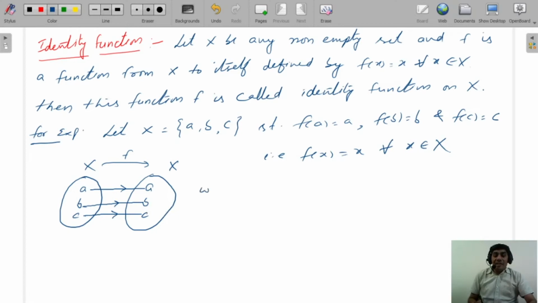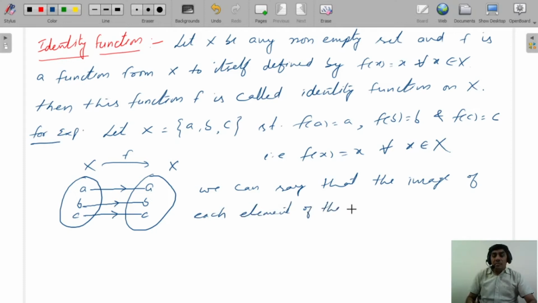We can say that the image of each element of the domain is equal to itself.